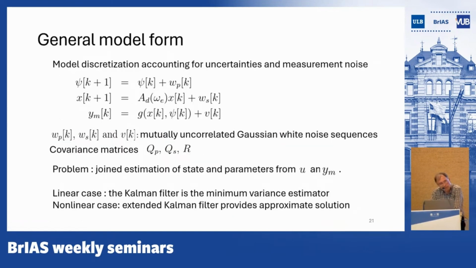These parameters do not change very fast, and so we can consider that when we have recorded data, the parameters are quasi-constant with respect to the dynamics of the sine wave that we are considering. And that's what we are saying here. Our parameters are quasi-constant, but they are uncertain, and this is represented by adding noises here.